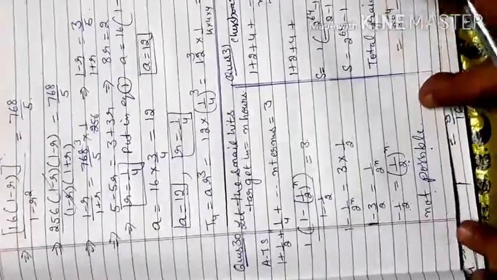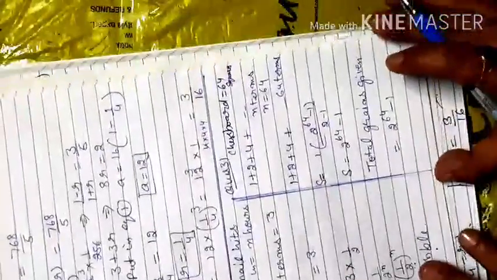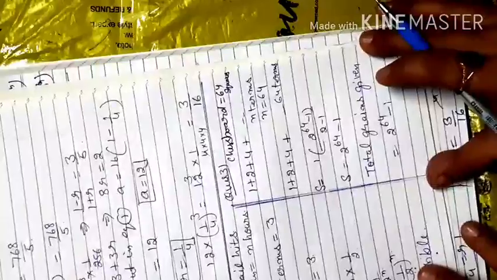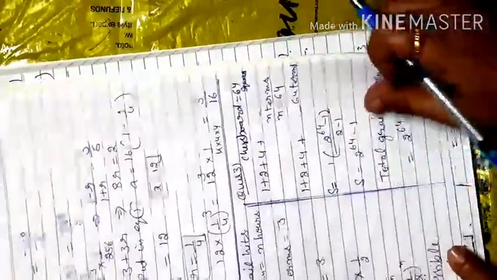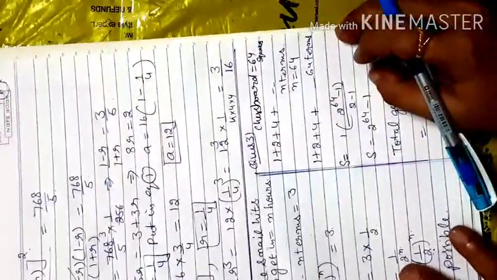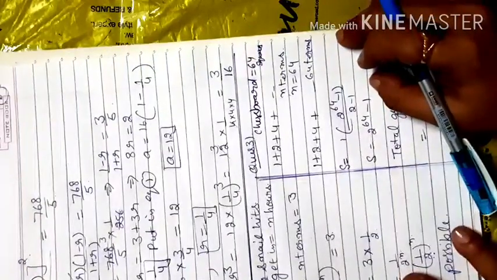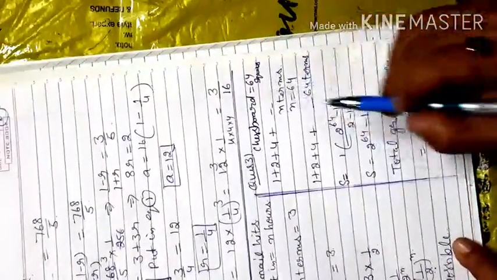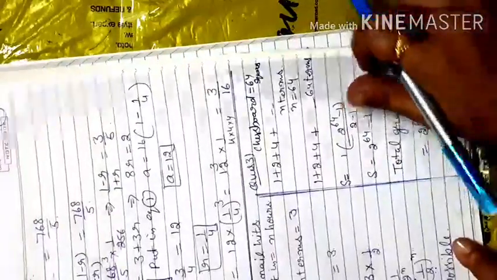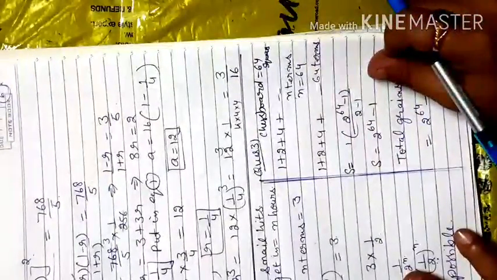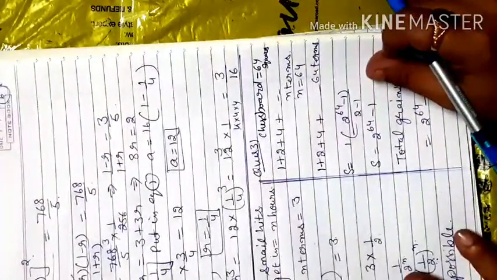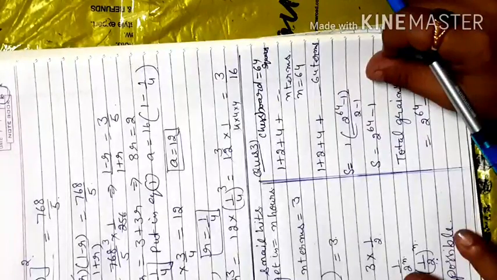Okay, so next is your 31st question. An inventor of the chessboard. You very well know that there are 64 squares, because this is 8 by 8. So there are a total of 8 by 8, 64 squares in a chessboard. In this chessboard, one inventor is playing, and he asked the king for a reward of 1 grain of wheat for the first square.